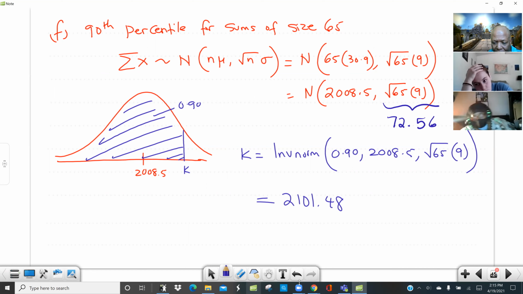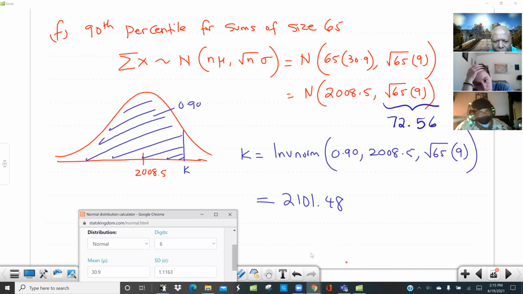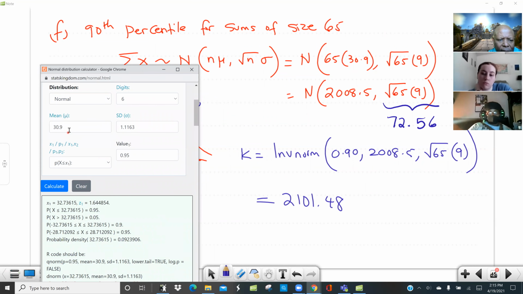You come over here, normal calculator. The mean now is 2008.5, and the standard deviation is 72.56. And you are looking for the 90th percentile, 0.90.